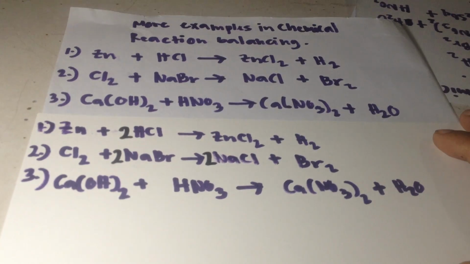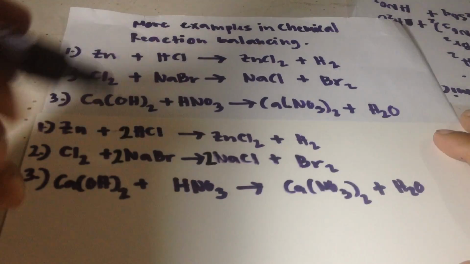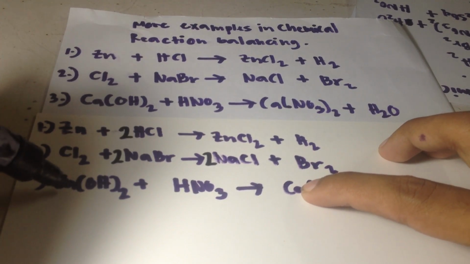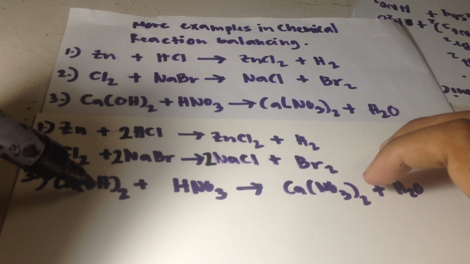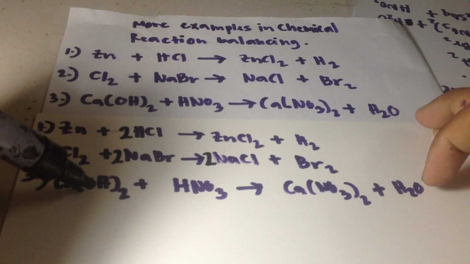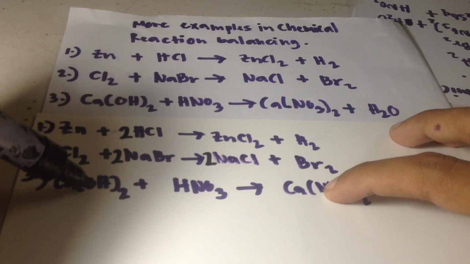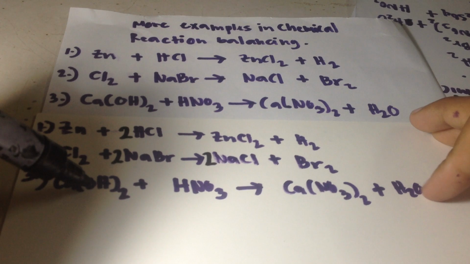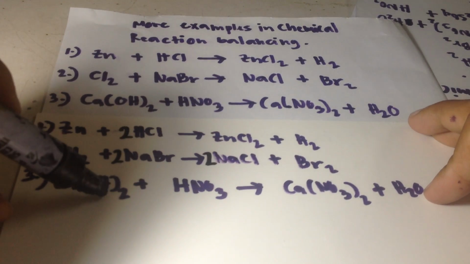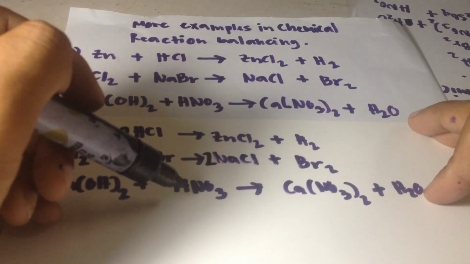Calcium has a 1 subscript here, and calcium in the product has a 1 subscript. Oxygen has a 2 subscript here. 2 plus 1 plus 1, 2 times 1 equals 2, plus 1 is 3. So it's not balanced. So 2 plus 3 is 5.